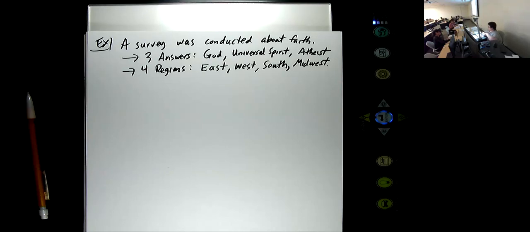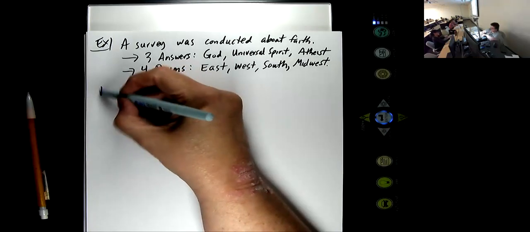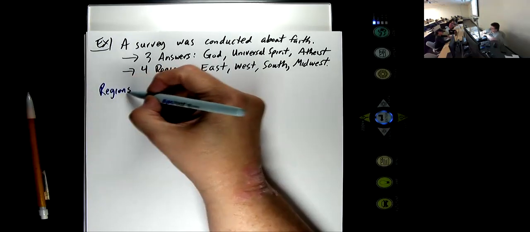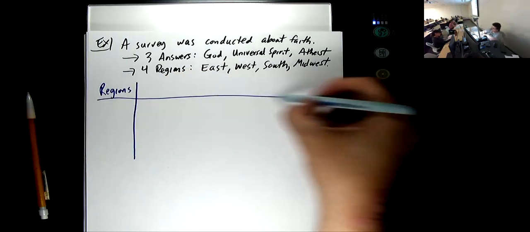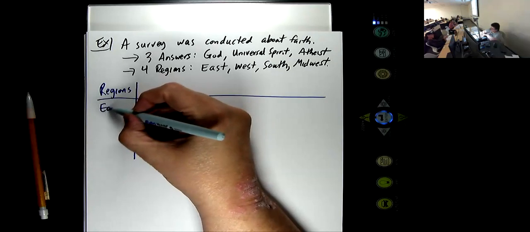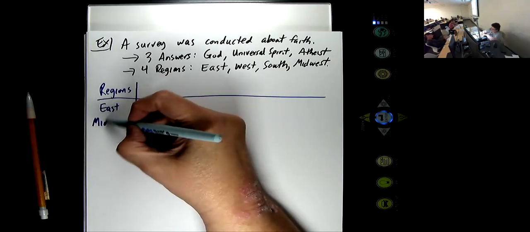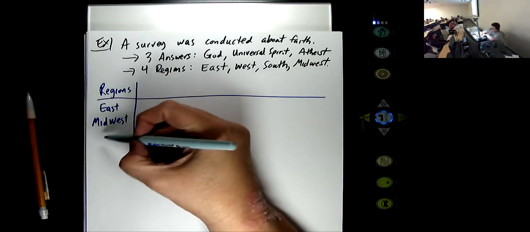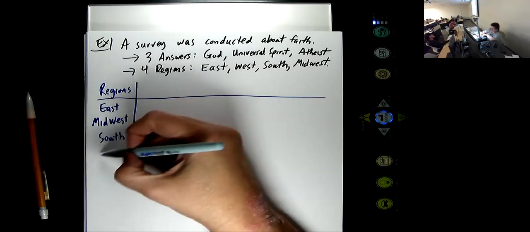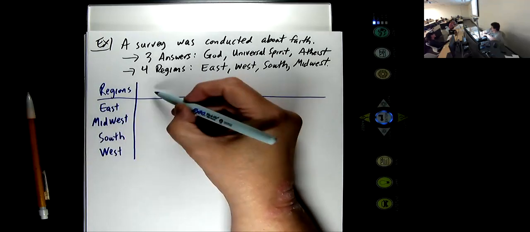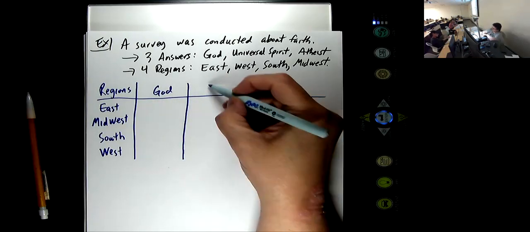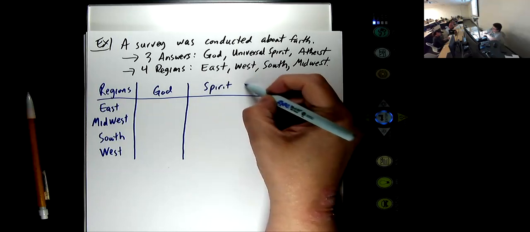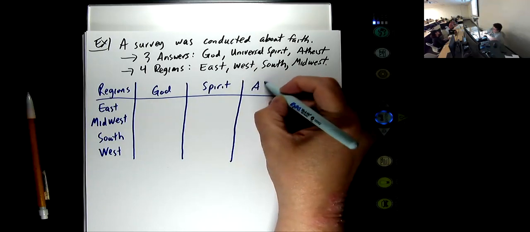This was the answers they got. So we'll have a column for region. And here we had East, Midwest, South, and West. And for columns, we had God, Spirit, Atheist.